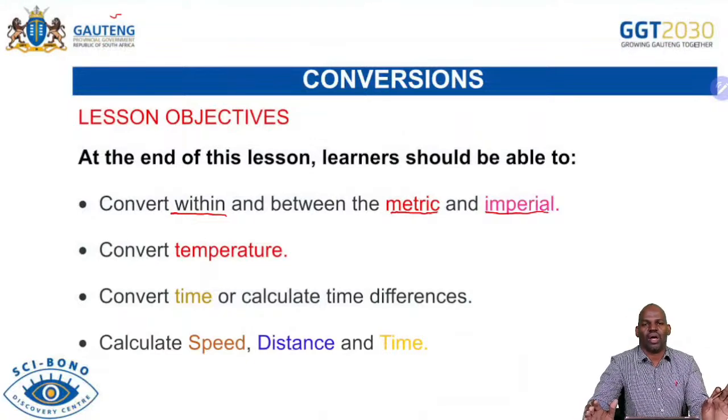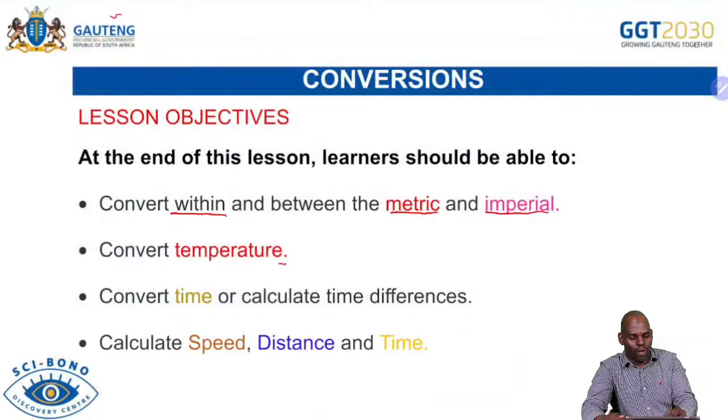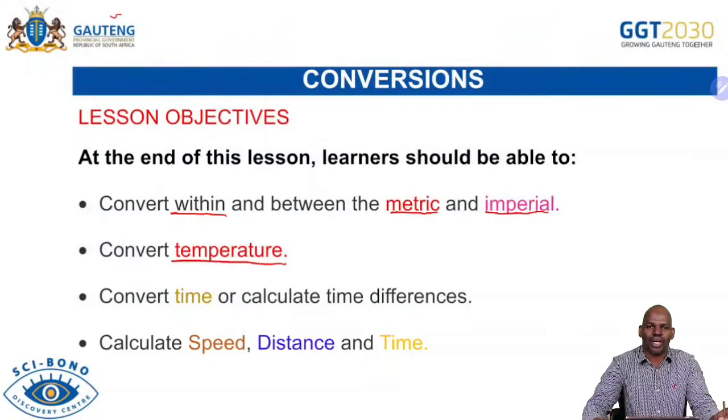Those concepts are very, very important. And then again, you must also be able to convert temperature. In South Africa, temperature is read in degrees Celsius, but in other countries, like the USA, they use a different unit, degrees Fahrenheit.